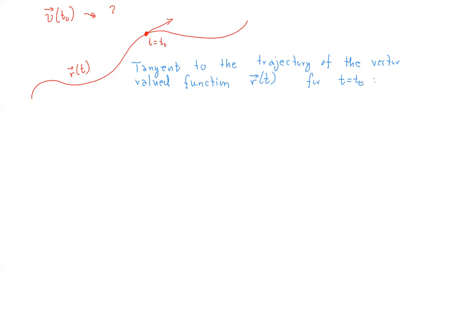It is going to be, so let's denote it by L of t, equal to the position vector r of t naught plus t times the tangent vector, or if you like, the velocity vector. Let's look at an example.